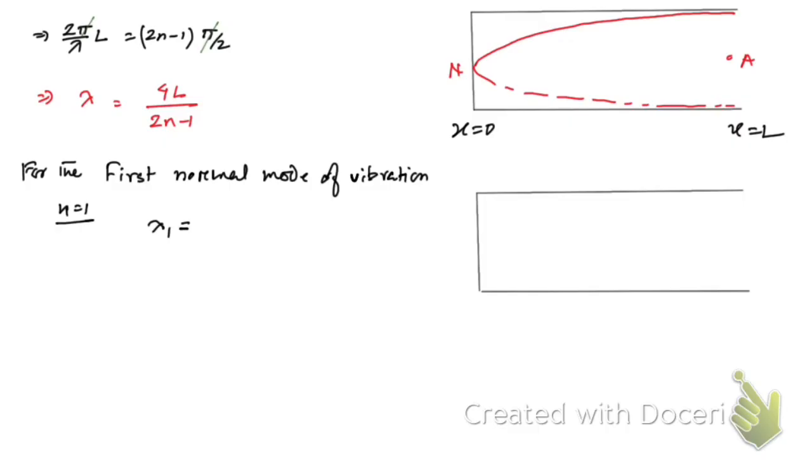Lambda 1 is 4L divided by 2 into 1 minus 1, which is equal to 4L. So lambda 1 is equal to 4L, and hence L is equal to lambda 1 by 4. Let me tell you why.